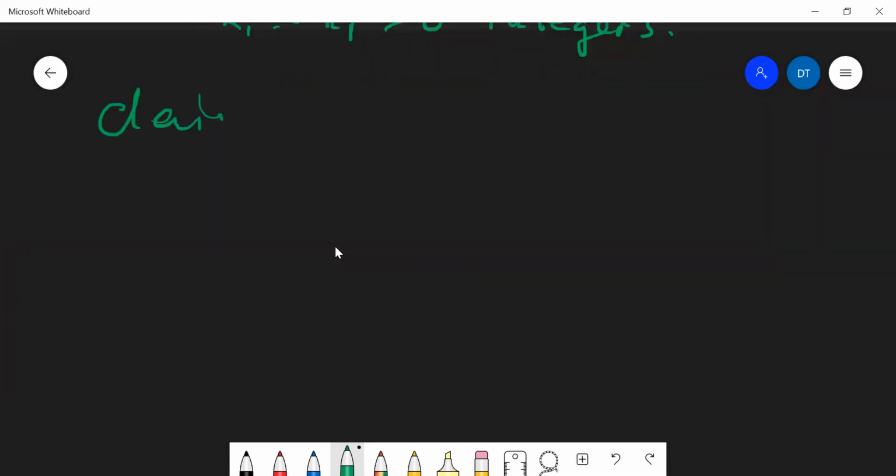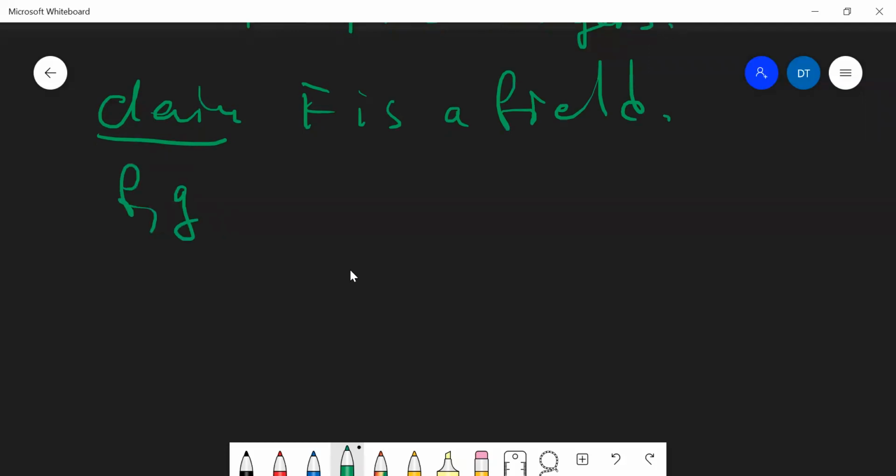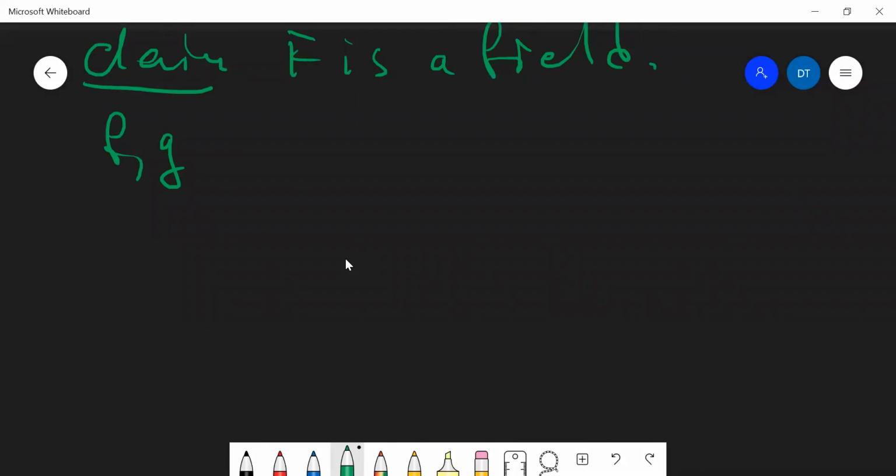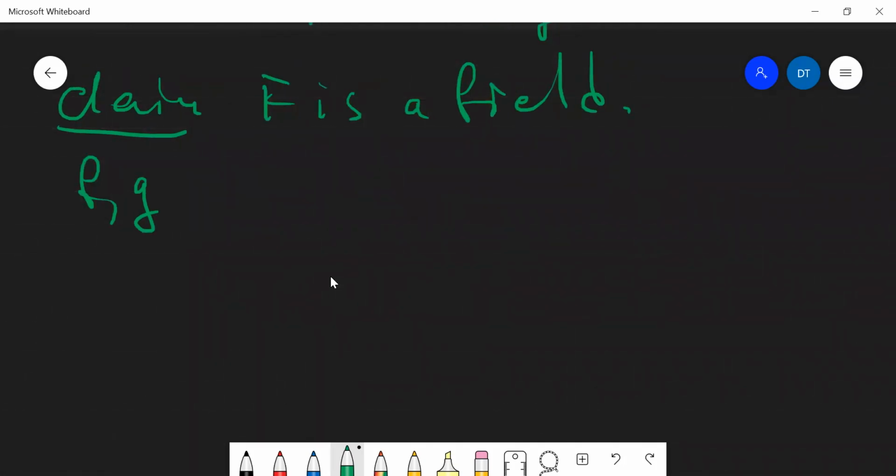So claim: suppose that F is a field as usual, and suppose we're given three polynomials f, g, and h.